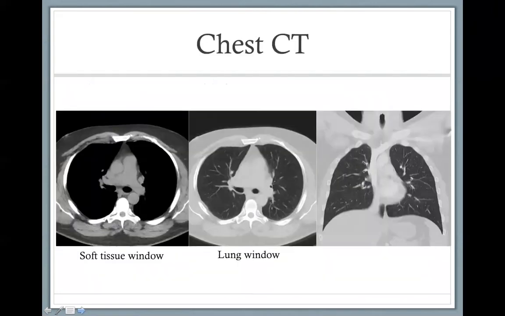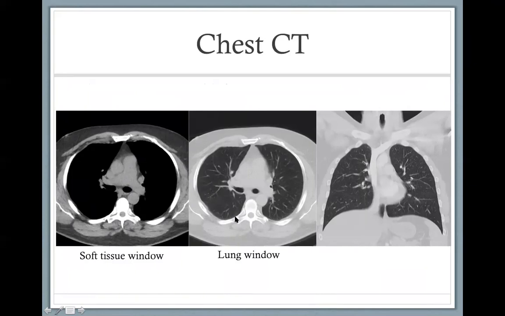All right. Chest CT. We talked about the brain a little bit, and now I'm going to move to chest CT. We already have looked at lung window, and we said lung window allows us to see the architecture of the lung itself.